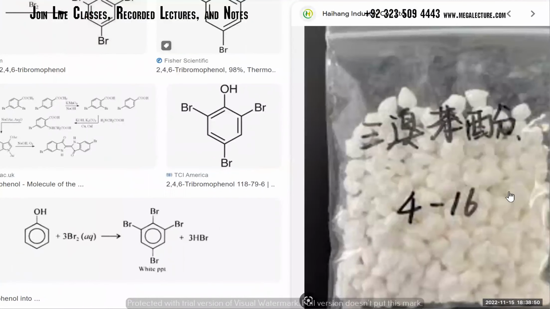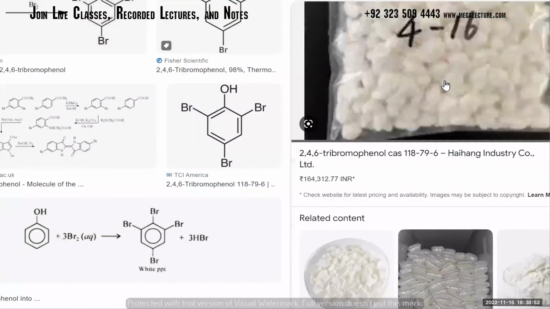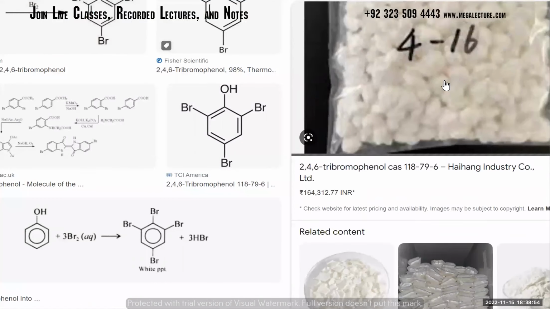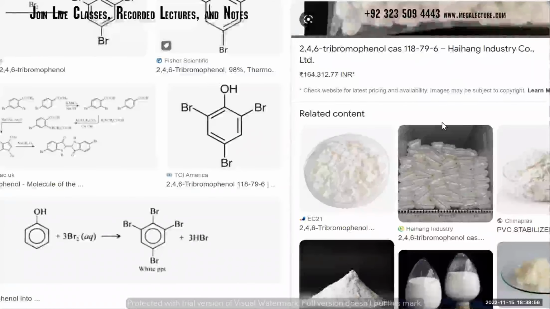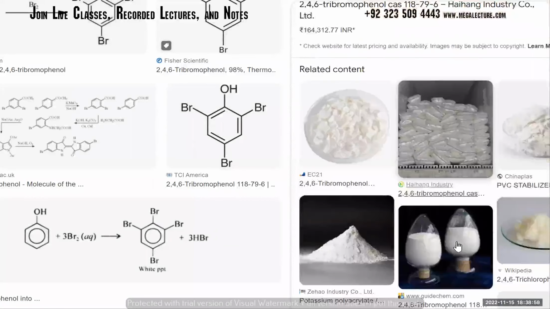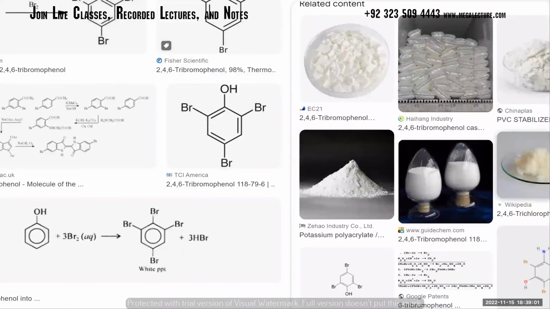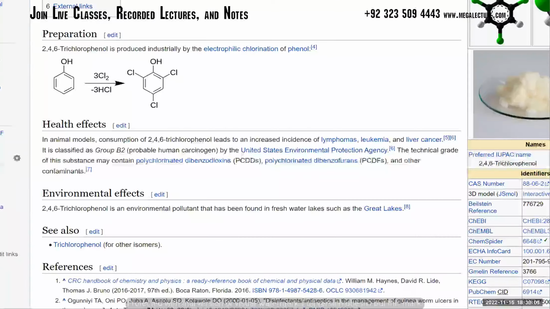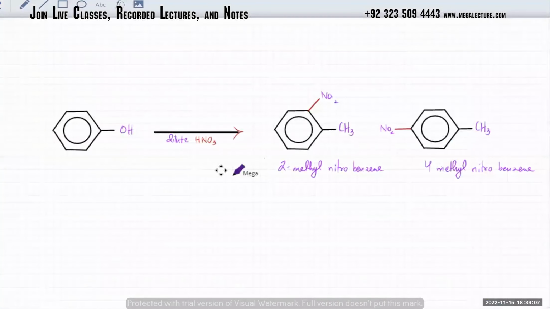This is 2,4,6. I guess this is 2,4,6. हाँ, ये मेरे ख्याल से कोई बेच है. तो this is 2,4,6 tribromophenol. वो मेरे ख्याल से थोड़ा सा क्रीम है, but no one is going to ask you about chlorophenol. उसका जो color है ना, that's not in your course. उसका reaction is in your course. The test is with bromine. So tribromophenol, that's the one that you got to remember.